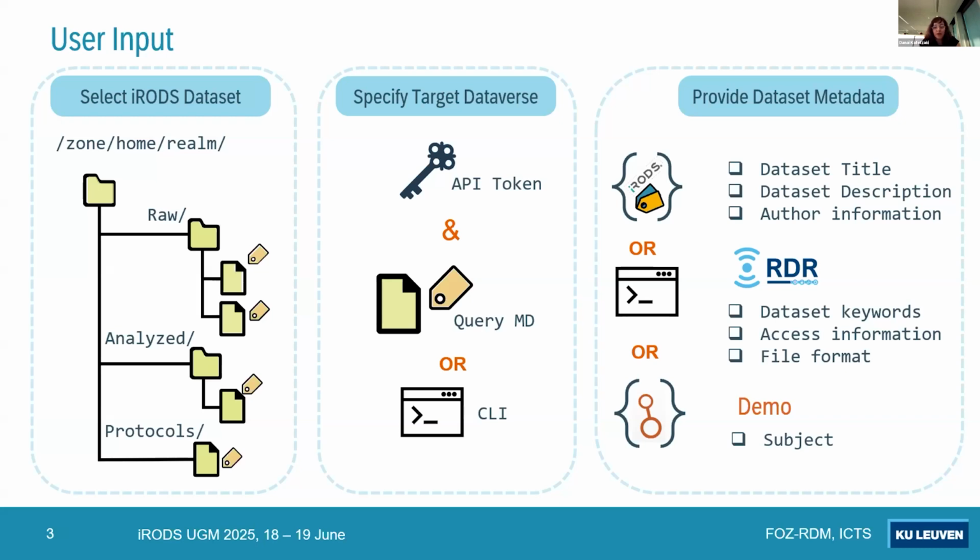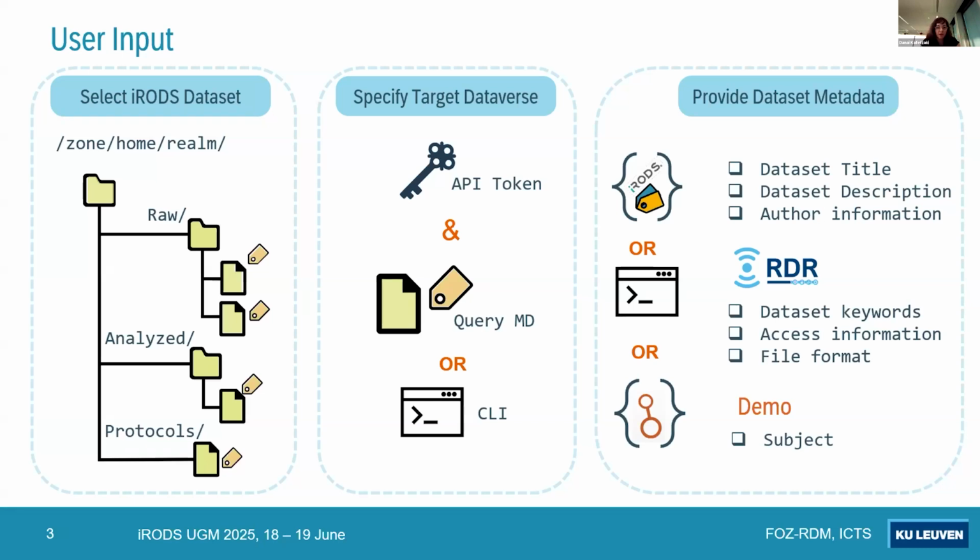There are three ways that we support to provide this metadata. So for Mongo users, the metadata can be provided in a schema and mapped to the Dataverse template, while for non-Mongo users, metadata can be provided either interactively via the CLI, or the users can fill in a shortened version of the Dataverse template.